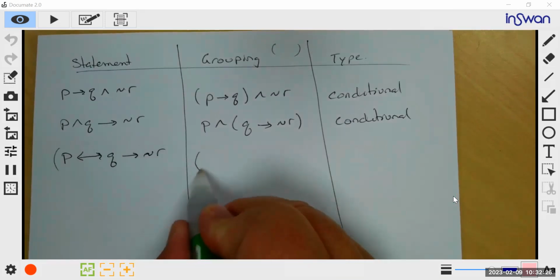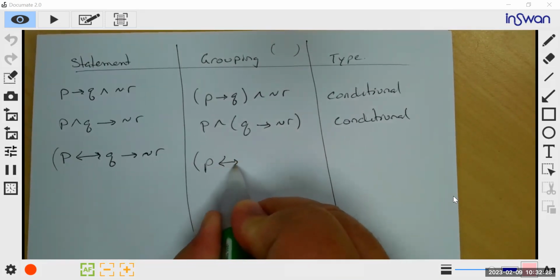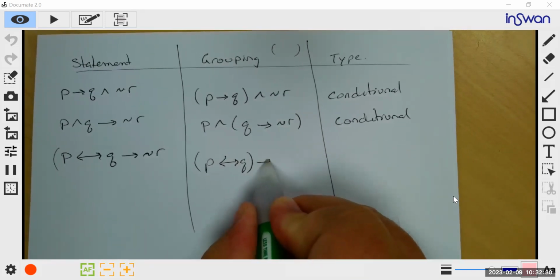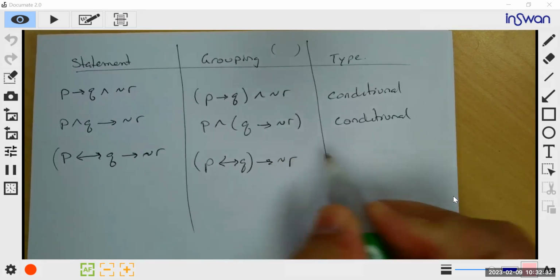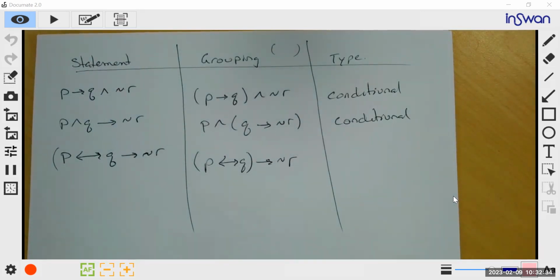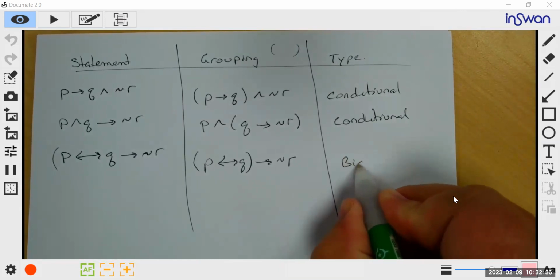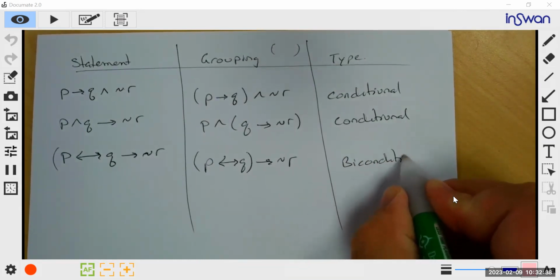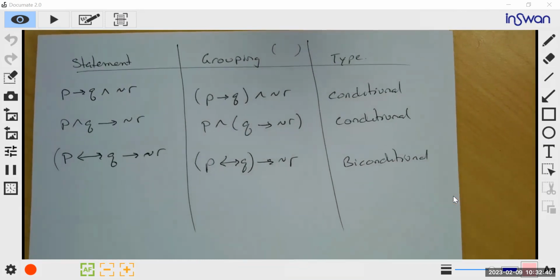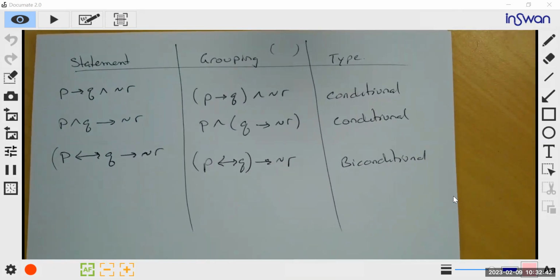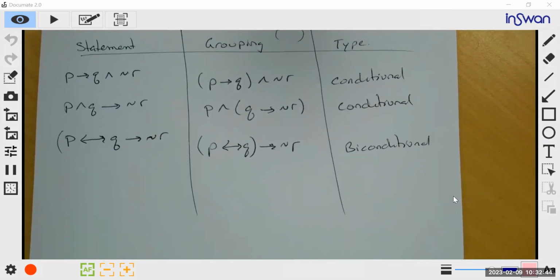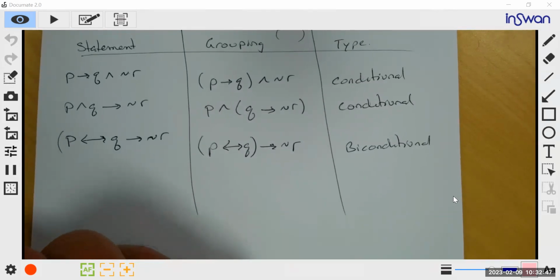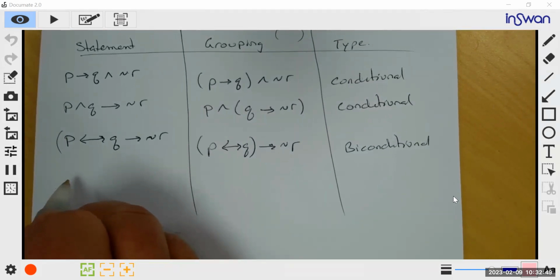Right, because the biconditional is more important. This is a biconditional.